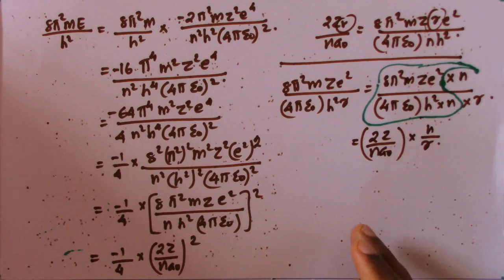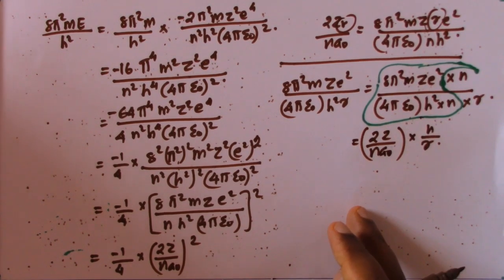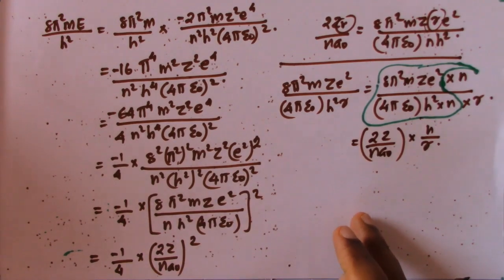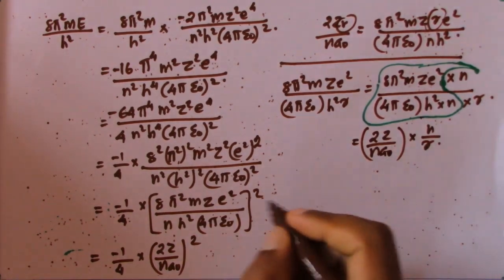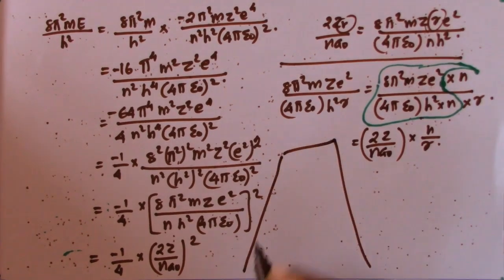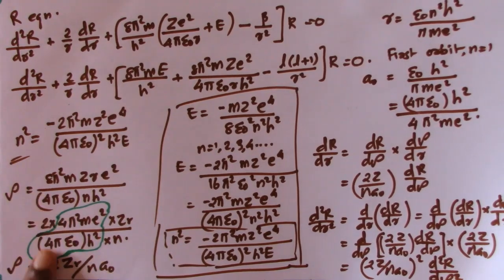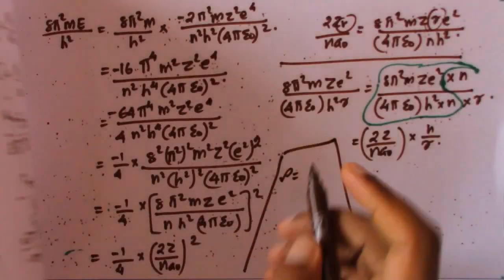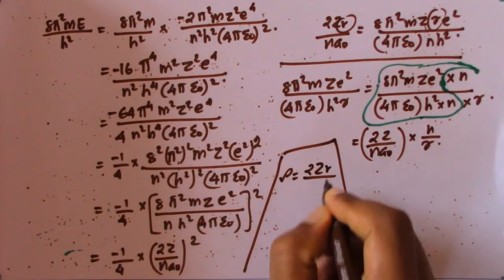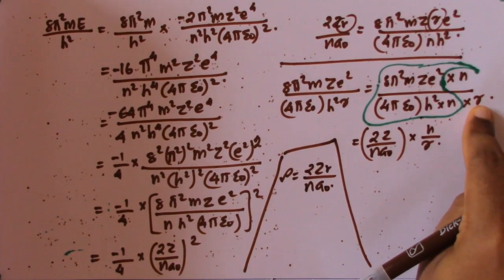And now I am going to substitute for r. How can I substitute for r? Because we have the equation rho is equal to 2zr by n a0. Therefore we have a 1 by r here.